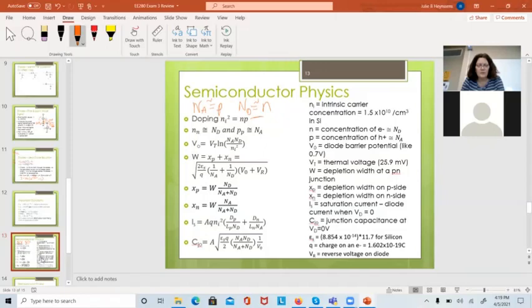Probably the most important equation. There's the equation for V0. Here's the one for W. Yes, you're going to have to calculate some of this stuff. Again, I'm not going to make it as long as the entire homework 8 on your exam. So I'm going to pick things that you can calculate easily that hopefully don't depend so much on the previous calculation.